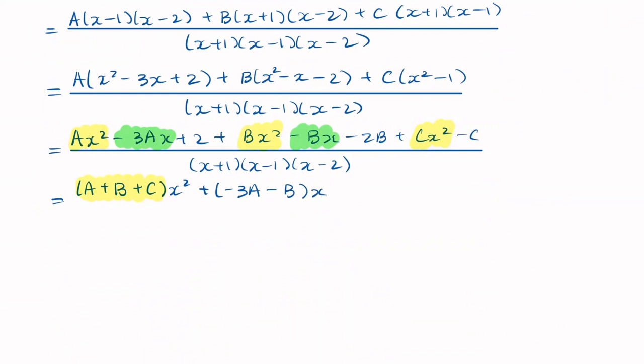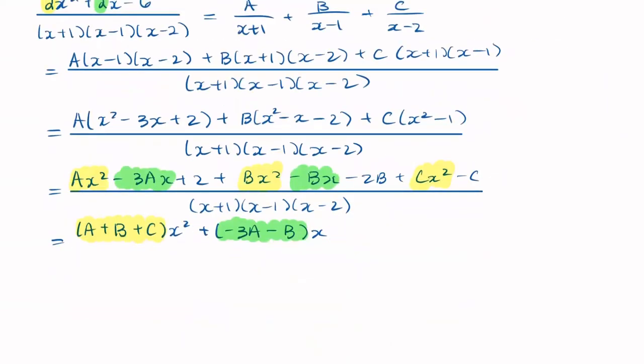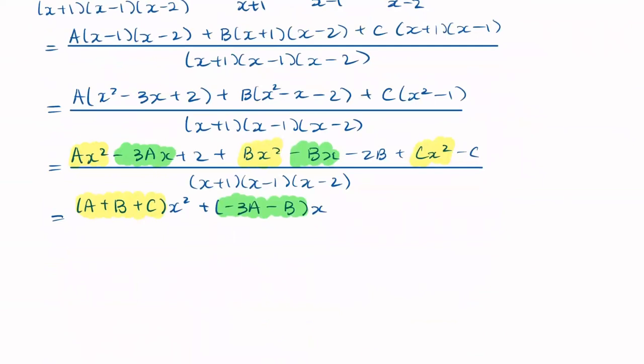So that means the negative 3a minus b has to equal this 2 over here. And lastly, it's just going to be the constant numbers. This should be 2a. So I have 2a minus 2b minus c, which is the constant term.